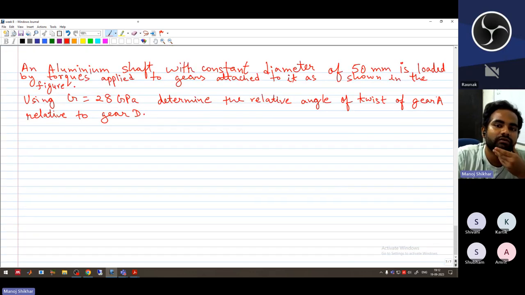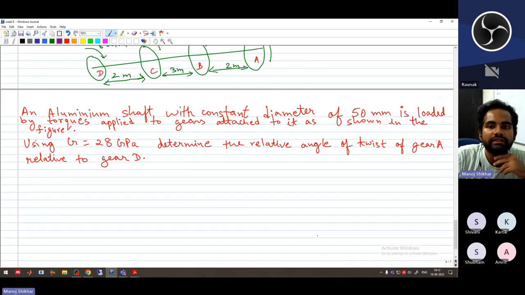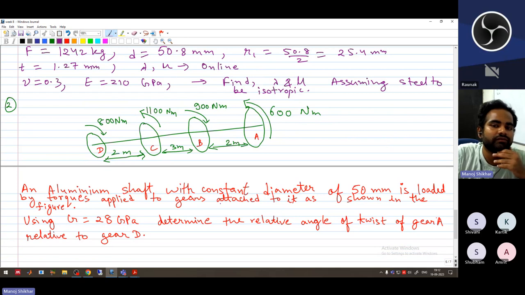Okay. So first we draw the torque diagram. So how do we draw the torque diagram? In this, you have to first assume a direction which will be positive. So I personally choose the counterclockwise or the right hand rule. If a torque is acting in a counterclockwise direction, I take it positive. If it is acting in a clockwise direction, I take it negative.